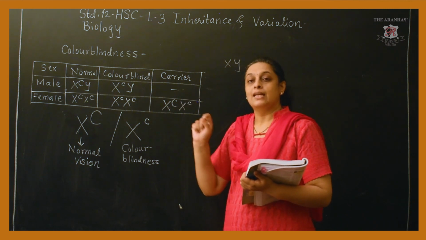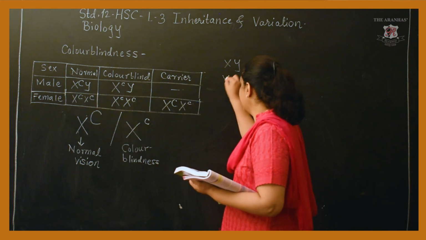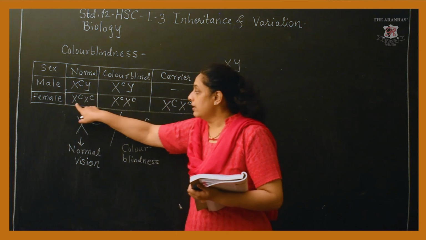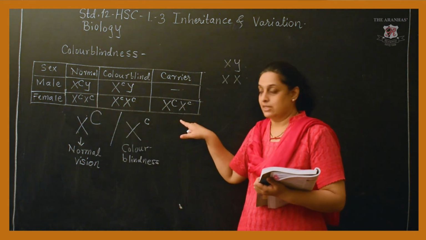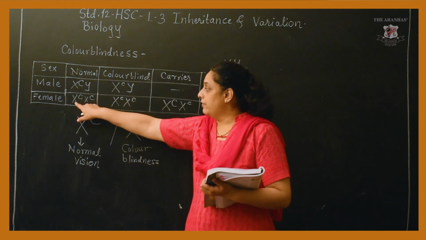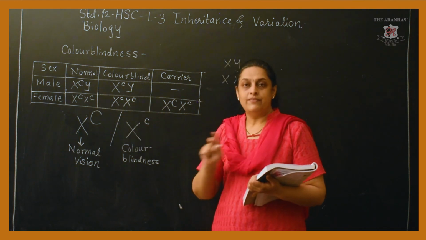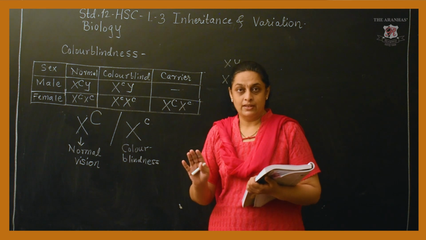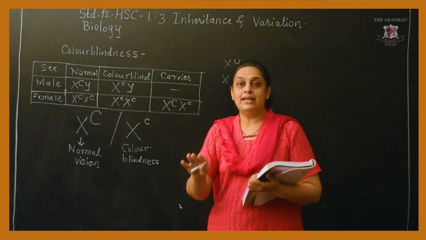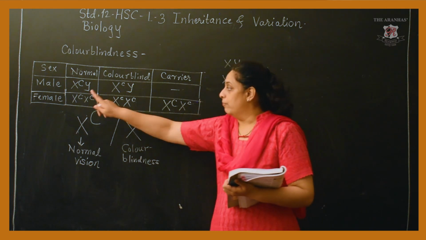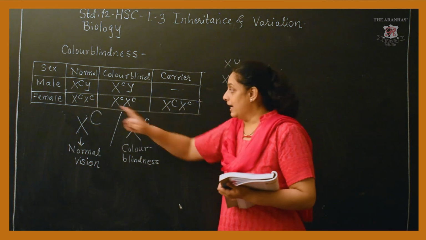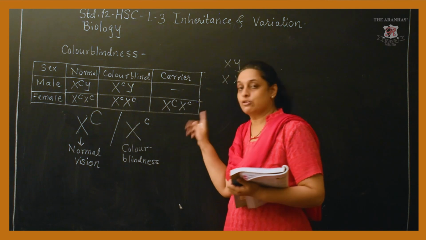Then double X chromosomes for female combinations. We are right now not taking into consideration how the vision is, but when a female individual is there, both X chromosomes will be present. So everywhere you will find double X chromosomes.